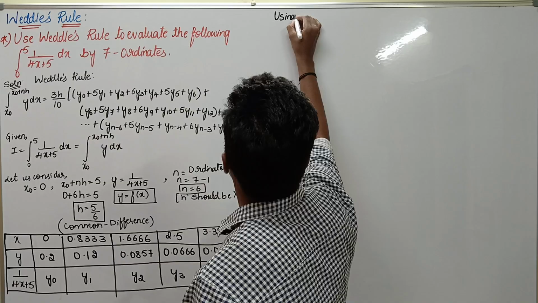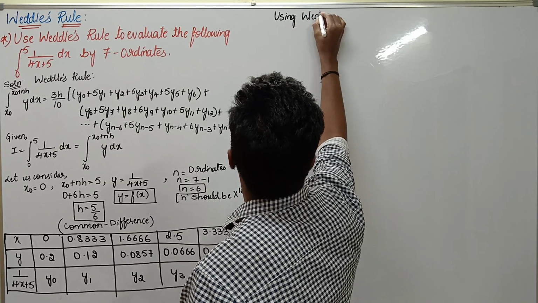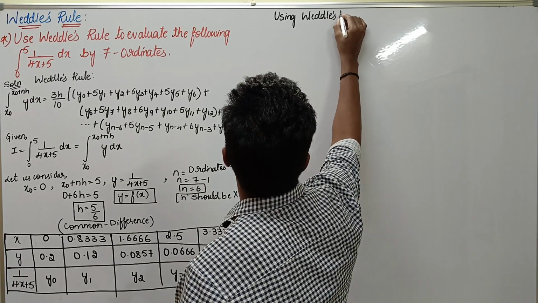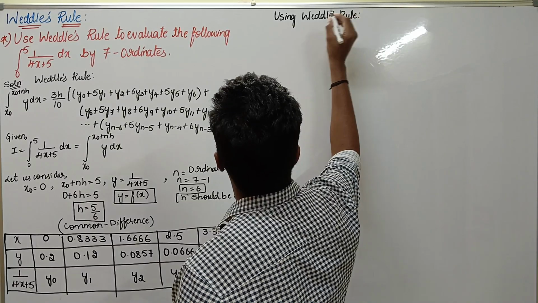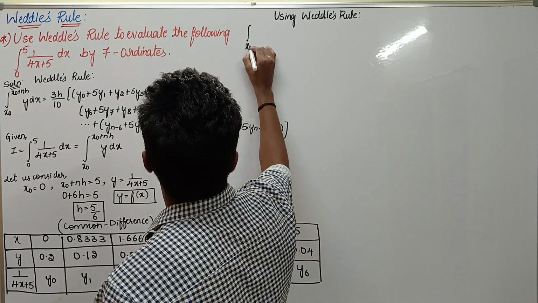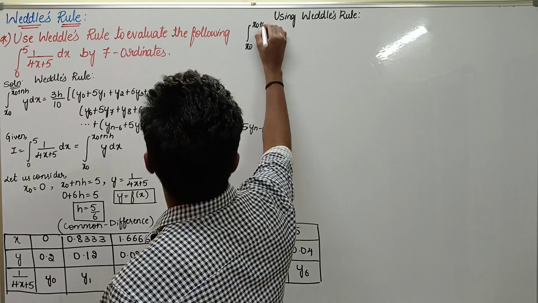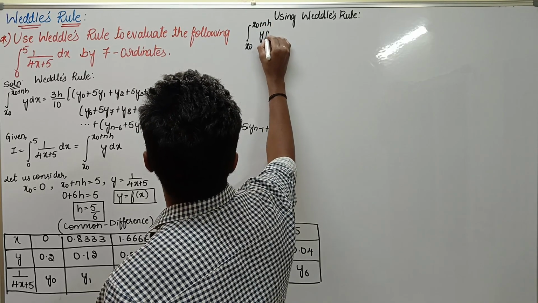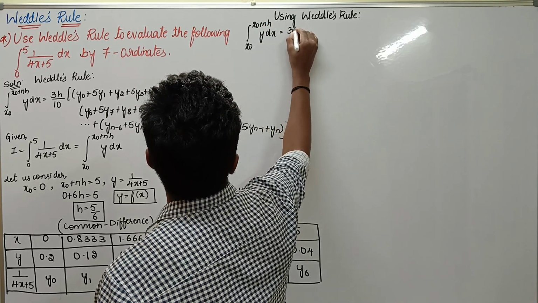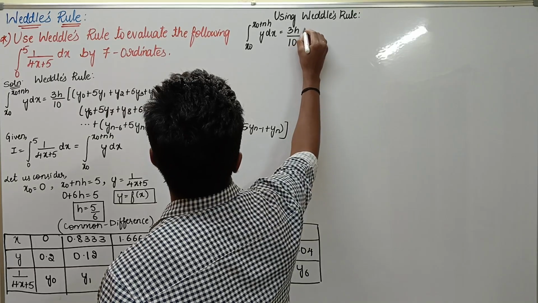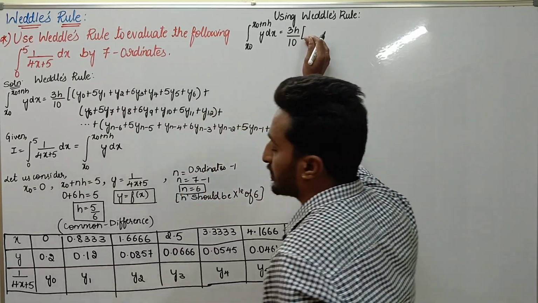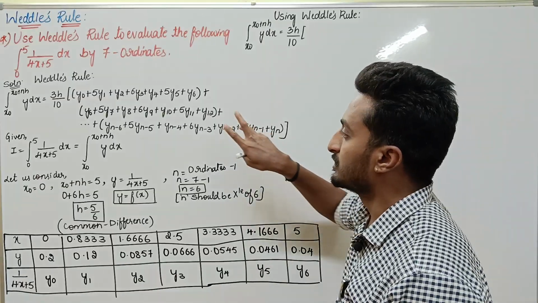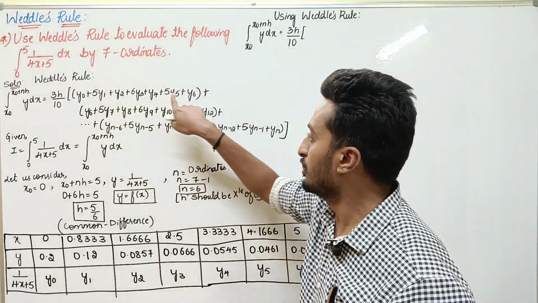Using Weddle's rule, we have the integral from x naught to x naught plus n h of y dx, which is equal to 3h by 10 into, since the nth term is 6, we are going to consider y naught to y6.